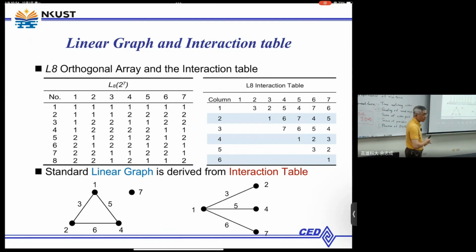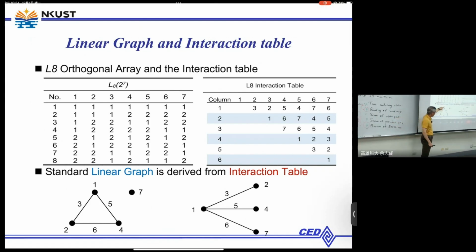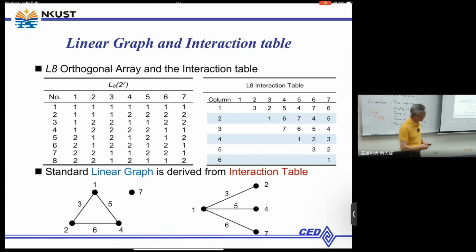As you can see, 1 and 2, right? Control factor 1, control factor 2, and the interaction will happen in column 3. You can look at the interaction table here, 1 and 2, so it's 3. So it means that these two are compatible.